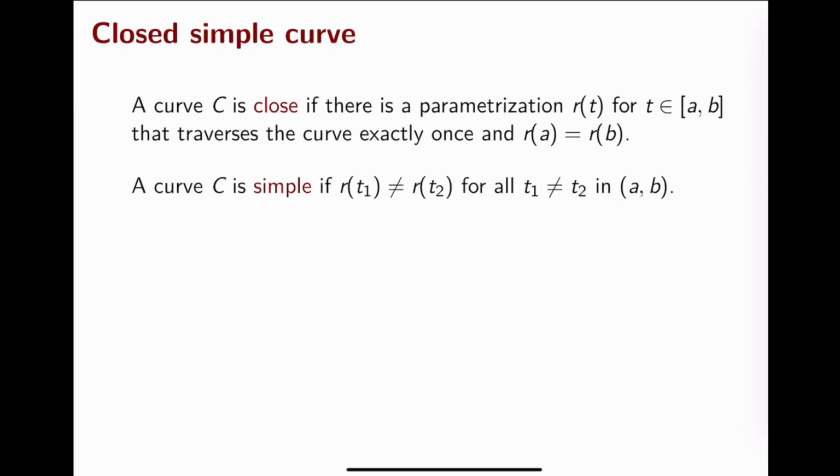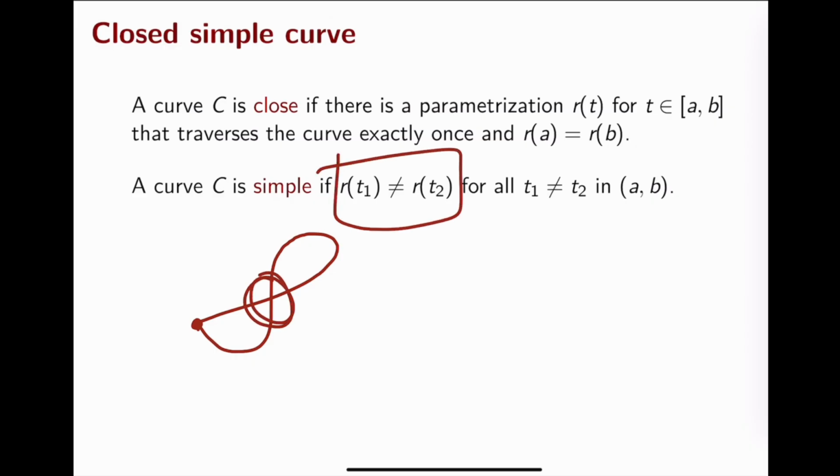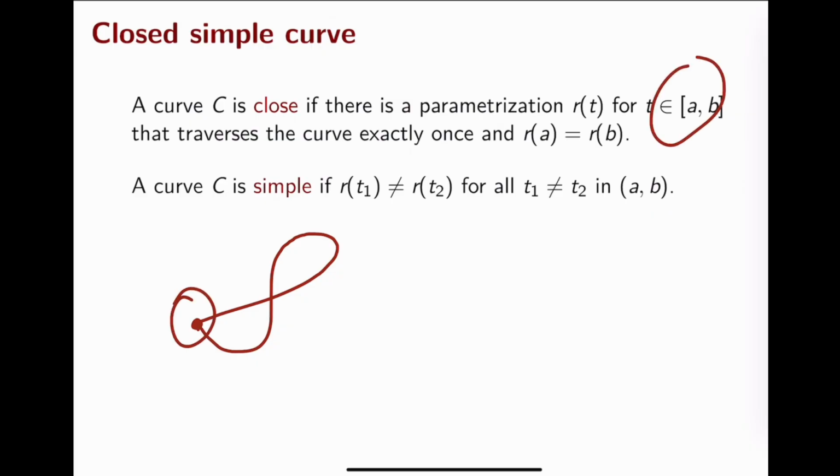And we are going to say that the curve is simple when this cannot happen except at the beginning and at the end. Meaning that if I have a curve that does this, it is not simple, because here there will be 2 points in which the values of the curve are the same, and they are in the interior of the interval, meaning they are not at the beginning or at the end, right?